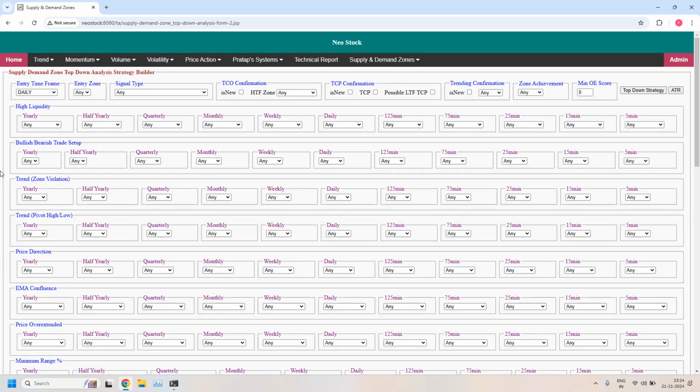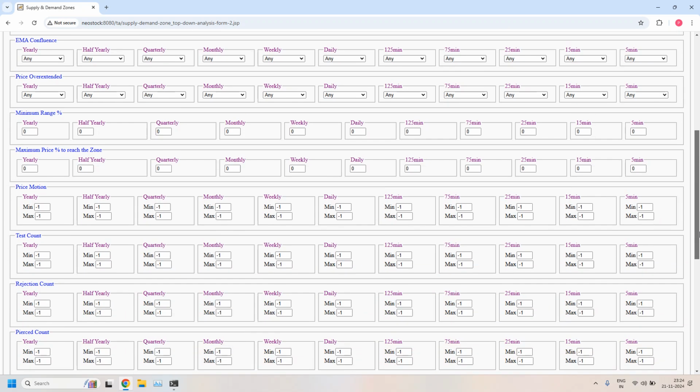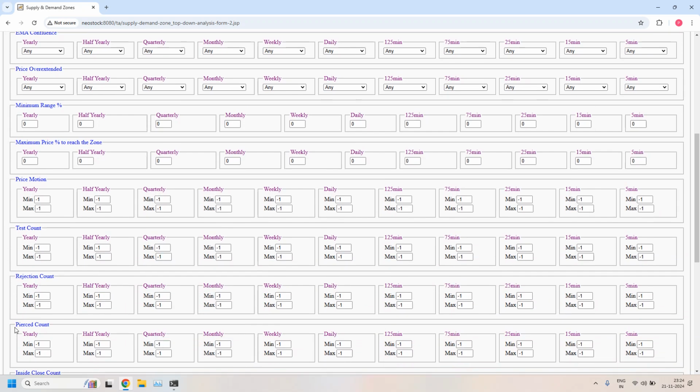Next one is a bullish trade setup for daily income trade. Entry time frame is 15 minutes. Entry zone is demand zone. In bullish or bearish trade setup, at 15 minutes entry time frame, I am selecting bullish. This 15 minutes demand zone should not be pierced. So in the pierced count, at 15 minutes time frame, I am selecting minimum value 0, maximum value 0.